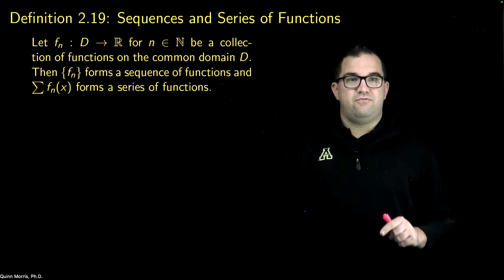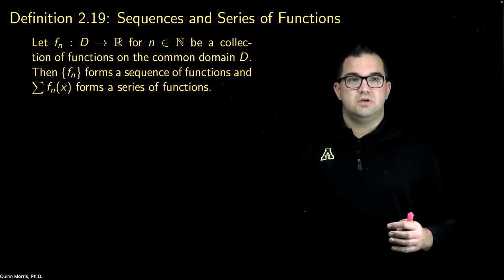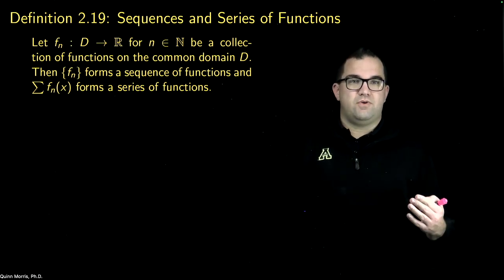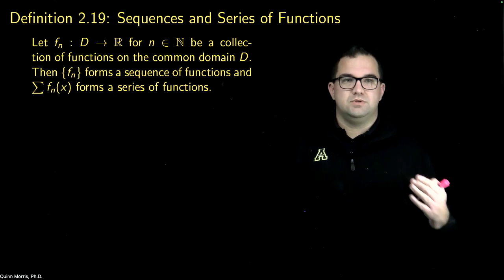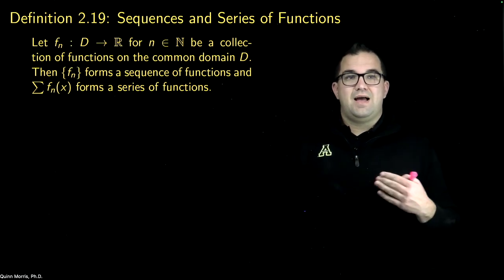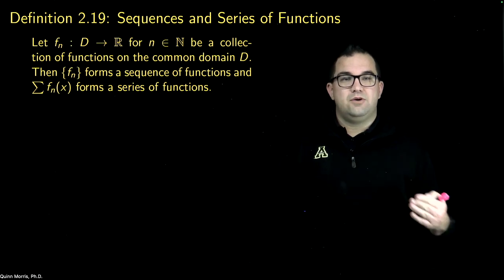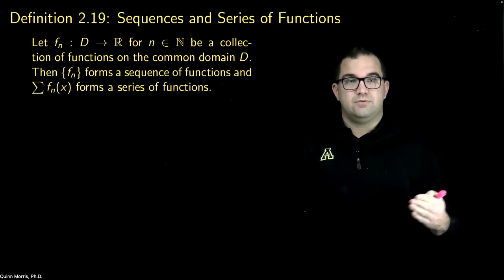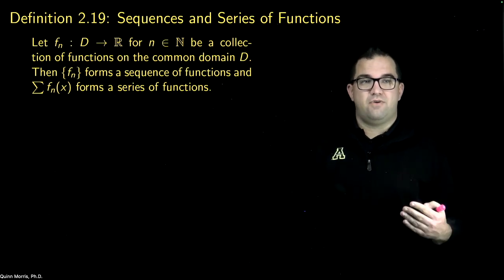So then that collection of functions forms a sequence of functions. So f sub 1 is simply the first function in that sequence, f sub 2 is the second function, and so on and so on. And if I take the terms in that sequence and sum them together in that order that's given by the sequence, then we form a series of functions.